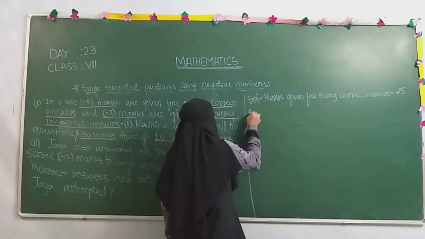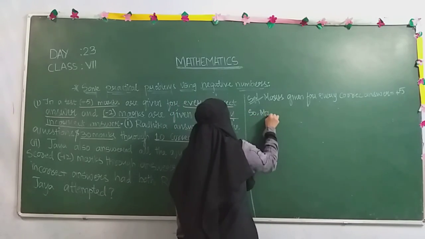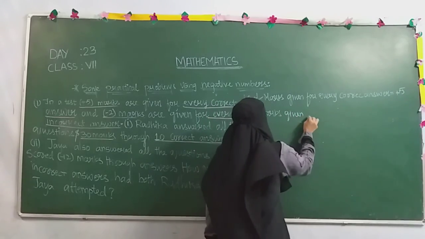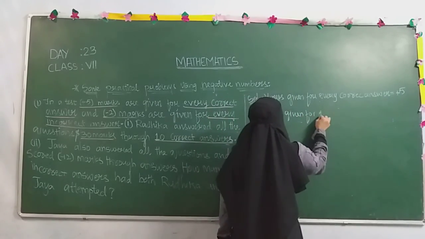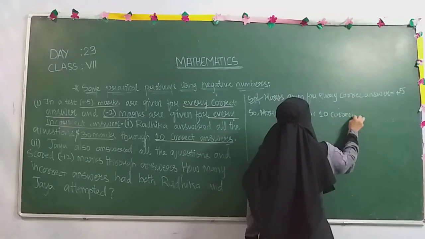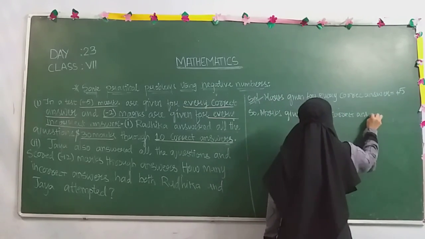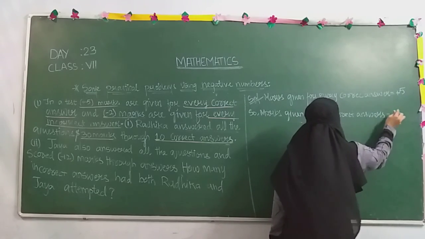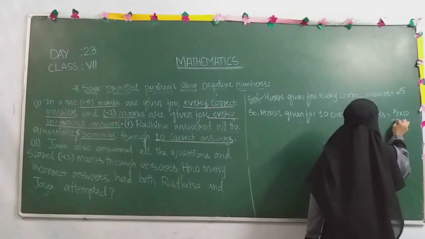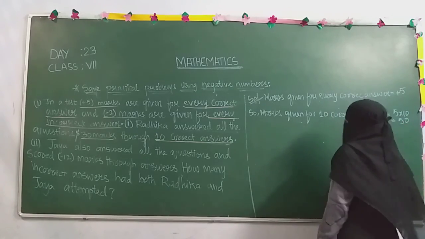So marks given for 10 correct answers is equal to 5 into 10 equals 50.